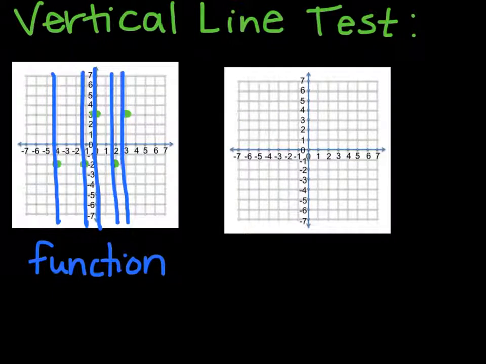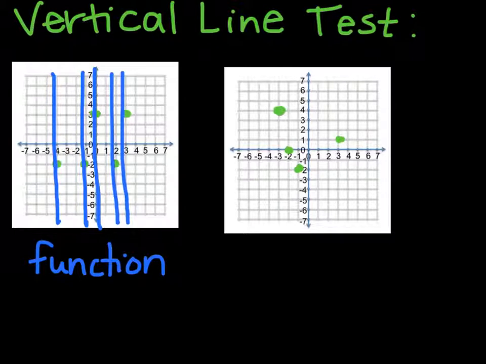Let's work through another. I'm going to graph another 5 points, and then we'll use the vertical line test to determine if the relation is a function. My first point is -3, 4. And that goes right here. My second point is -2, 0. My next point is -1, -2. My fourth point is 3, 1.